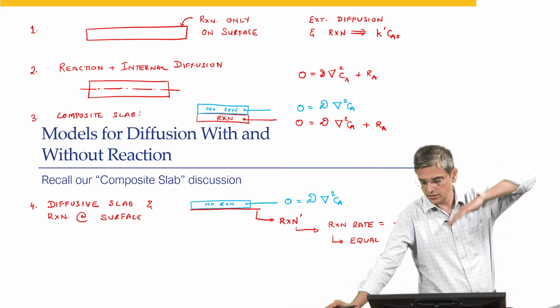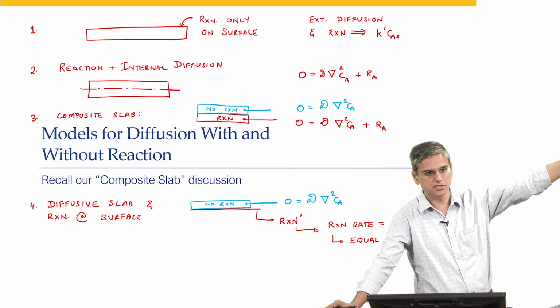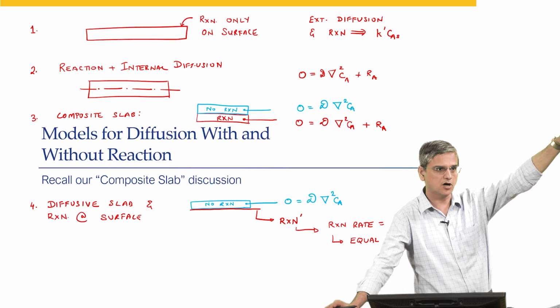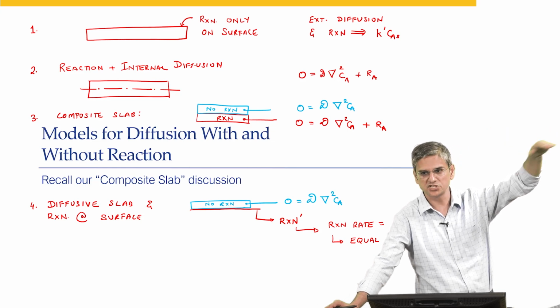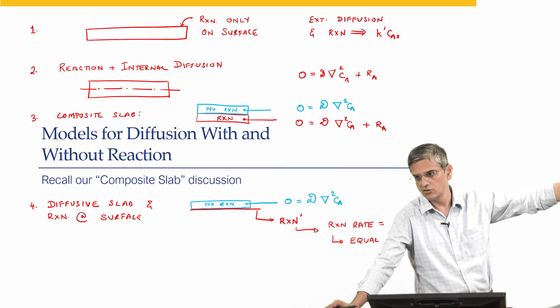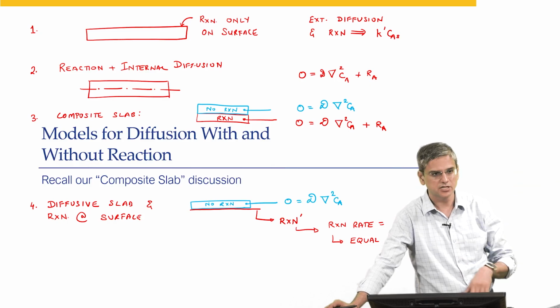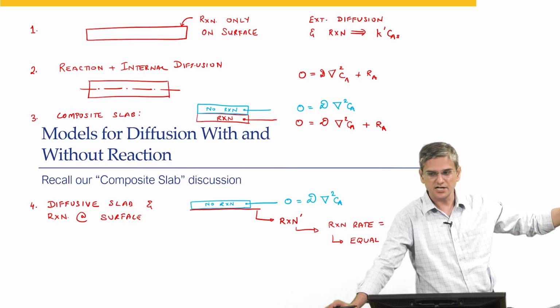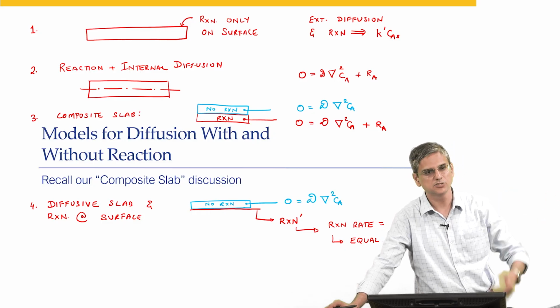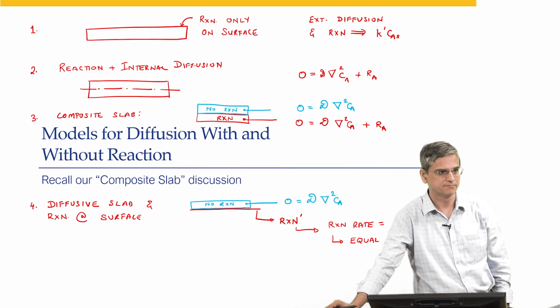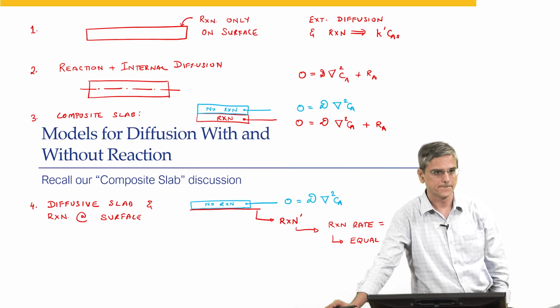Earlier, what did we say? That the boundary condition at the top was C_A equal to C_AS, at the center was del C_A equal to 0. Instead, over here at the other end, del C_A is going to be equal to rate of reaction. Okay, that is going to be the boundary condition.